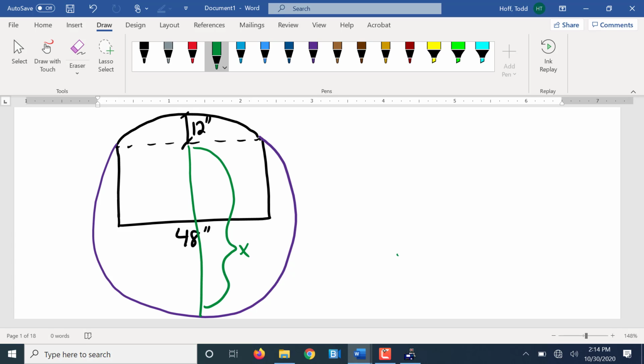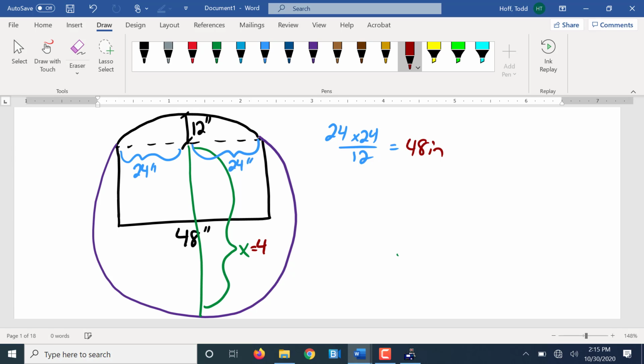So how do we find x here? How do we find that dimension x? So 48 divided by 2 is 24. Then what do we do? Which gives us 48 inches. So x is 48 inches.